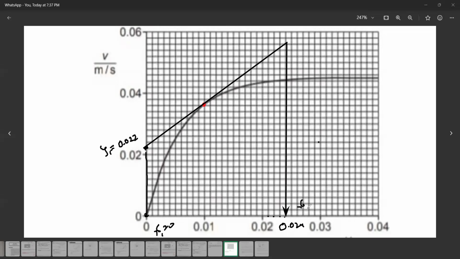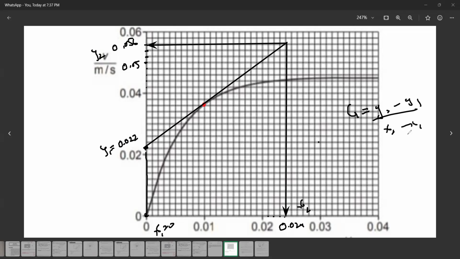That is x2. Then this is y2. So this is 1, 2, 3, 4, 5, 0.05, 0.052, 0.054, 0.056. I'll write the formula: y2 minus y1 over x2 minus x1.